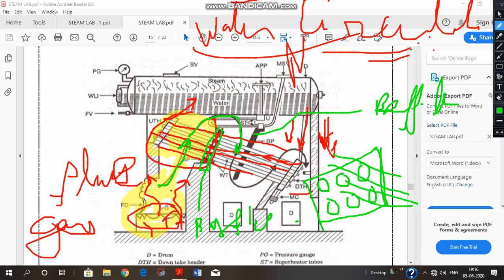So when the tubes pass through these holes, these baffles act as a mechanical support for the tubes, and they also act as a deflector of the flue gases. The flue gases are deflected by these baffles, and then deflected again by the second baffle, and finally they are passed to the chimneys.